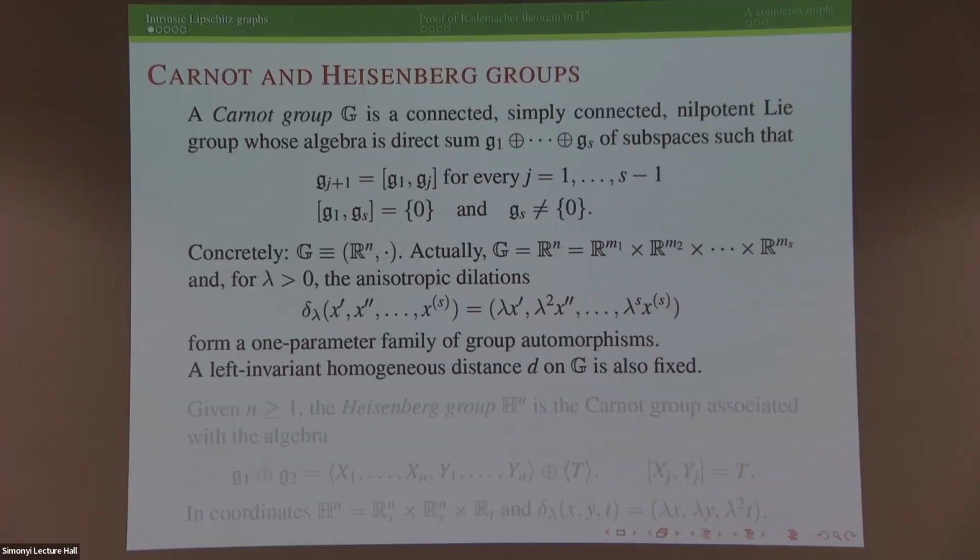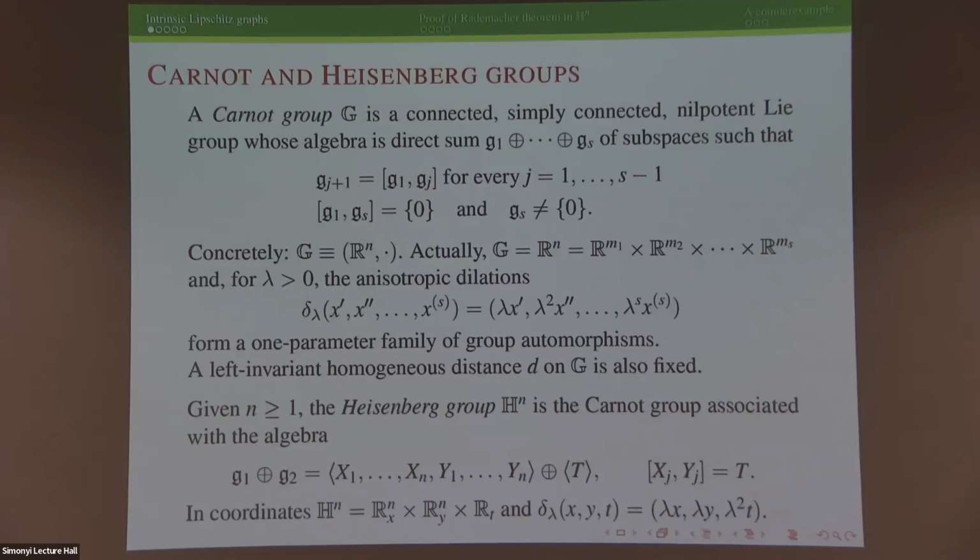Most of the talk will deal with the Heisenberg group, which, apart from Euclidean spaces R^n, is the simplest example of a Carnot group. For a fixed positive integer n, the n-th Heisenberg group, which I will denote by H^n, is the Carnot group associated with this algebra. The algebra is decomposed into two layers, G1 and G2.